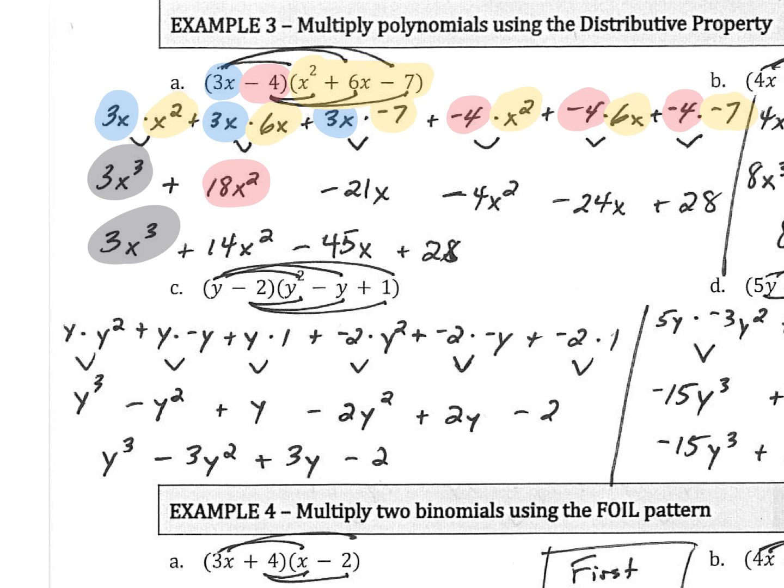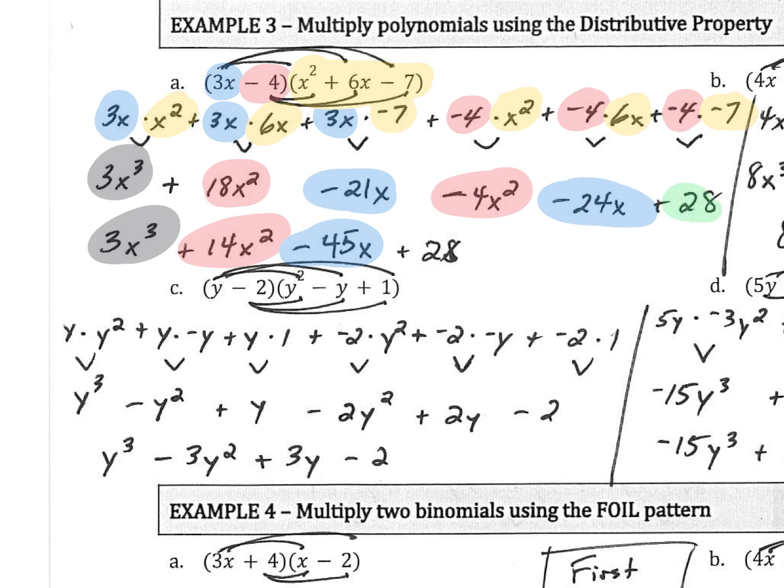18x squared has a 2 for an exponent, but so does negative 4x squared. We can combine those to get positive 14x squared. Negative 21x and negative 24x both have this 1 for an exponent. We can combine those to get negative 45x.